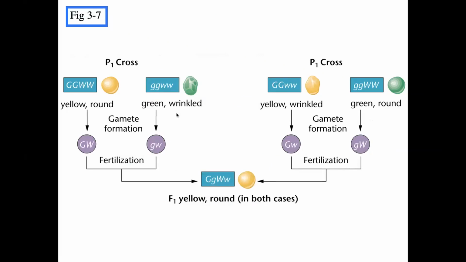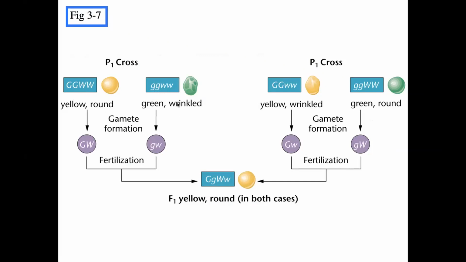Using the symbols in the model I just described, this individual is going to be homozygous big G, big W, pure breeding for yellow and round. This parent will be homozygous recessive for both G and W, the two recessive traits, green and wrinkled.